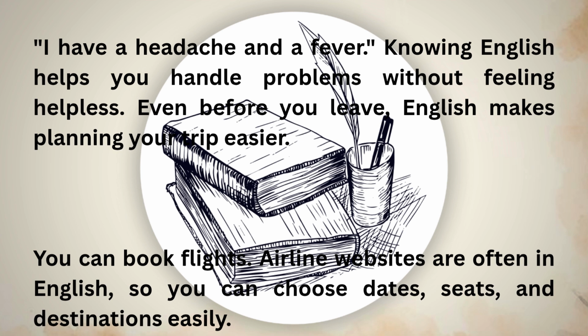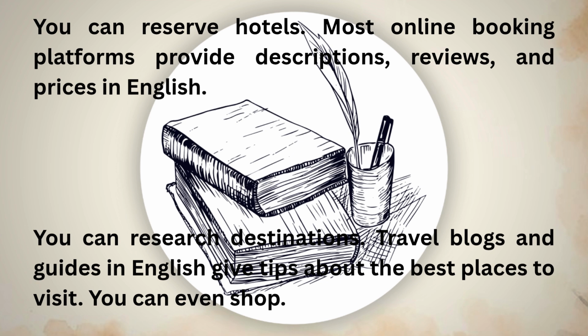Even before you leave, English makes planning your trip easier. You can book flights. Airline websites are often in English, so you can choose dates, seats, and destinations easily. You can reserve hotels. Most online booking platforms provide descriptions, reviews, and prices in English. You can research destinations.